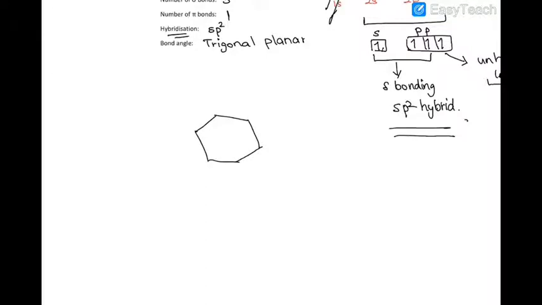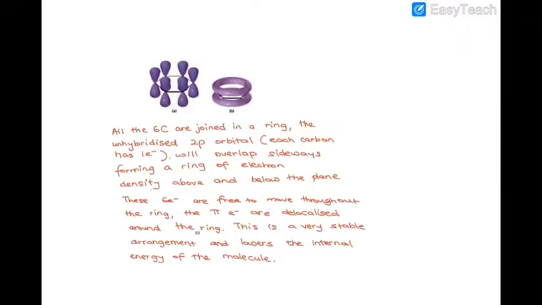So benzene here is planar. It's a planar molecule, and inside here you have this region of delocalized electrons. So in the benzene ring, you have these orbitals. These orbitals contain the delocalized electrons. So these electrons are not involved in any bonding.